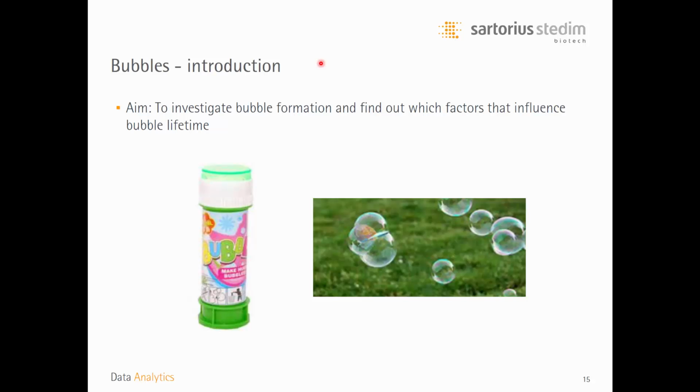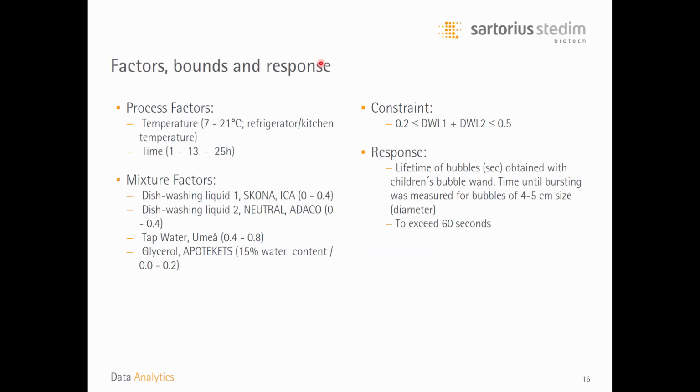So the bored father started blowing bubbles, and because the resulting bubbles initially burst too rapidly, the father started making experiments with the bubble mixture composition. So it was decided to use the mixture design approach for investigating which factors affected bubble formation and lifetime.